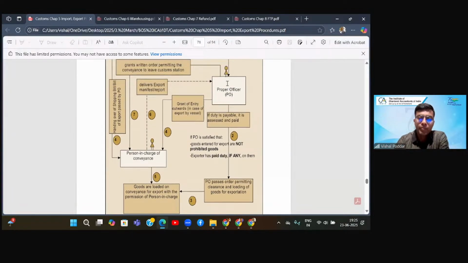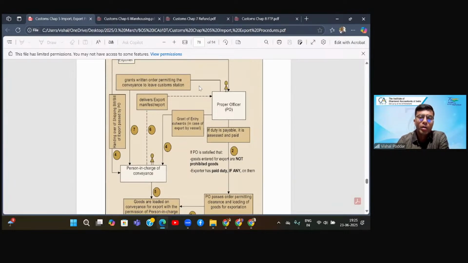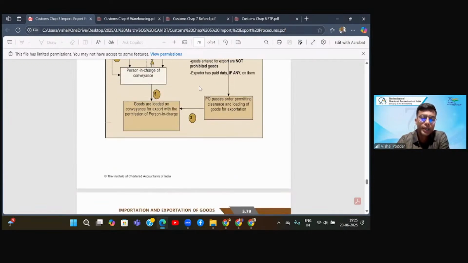Second possibility is that whenever goods are brought in for this importation, the proper officer will be giving a proper order, which is a written order, and only on the basis of this written order, the conveyance is allowed to leave the customs port and take the goods out of India.